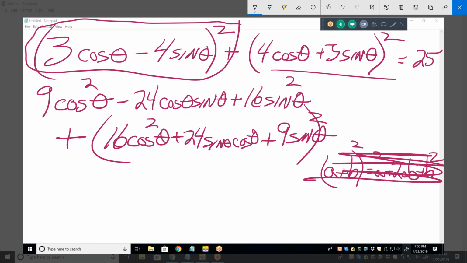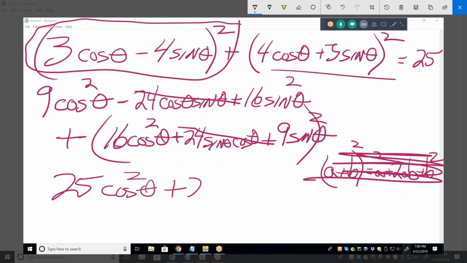Okay. Now, remove the parentheses, that goes away, right? And you end up with 25 cosine squared theta plus 25 sine squared theta. Now what can you do?